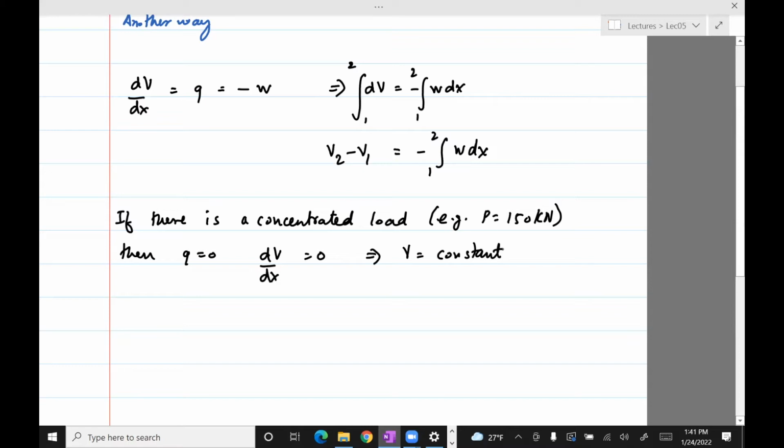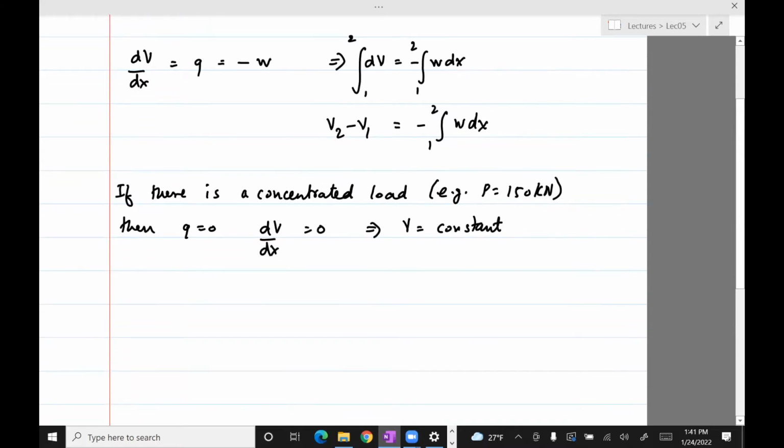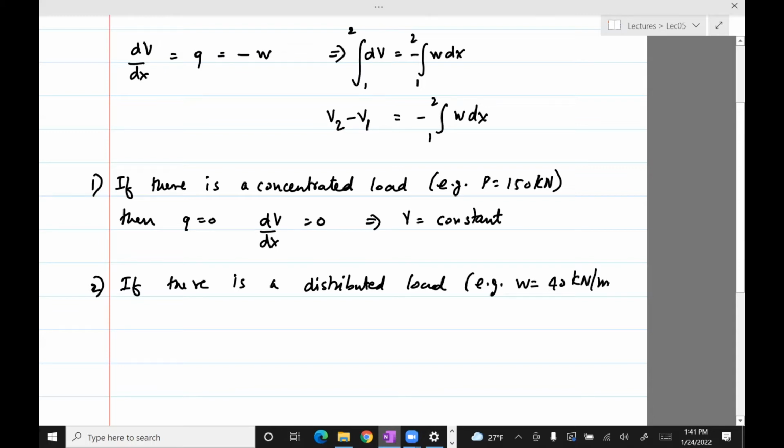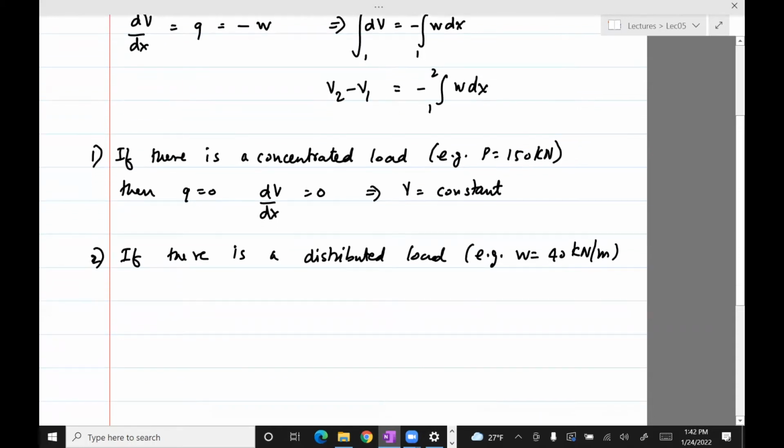If there is a distributed load, say 40 kilonewton per meter, in this case, we can integrate that equation.